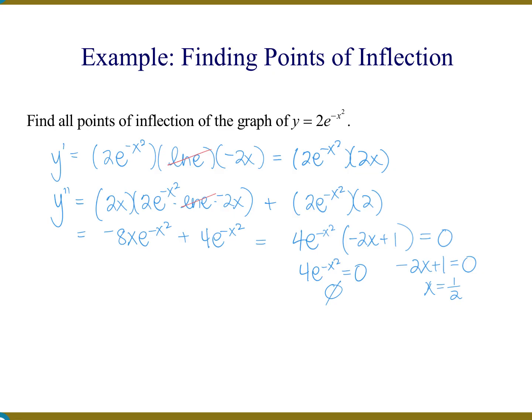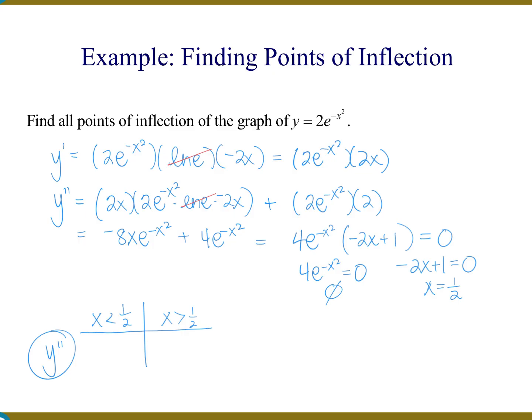So this is a candidate for the point of inflection. Doesn't mean it is, but it's a candidate. So I'm going to check all values of concavity that are less than half, and I'm going to check all values for concavity that are greater than half, and I'm checking this in the second derivative. The easiest number for me to pick that's less than half is 0.